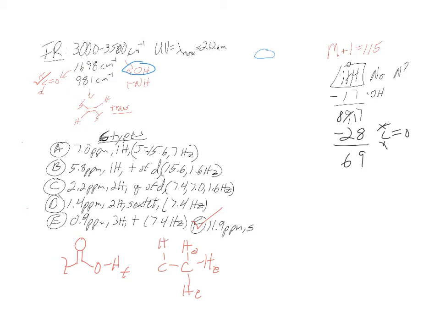It's either D or C. I would usually make it a little easier and not give you the same coupling constant, right? But in this case, let's just pick one and see if it works out.